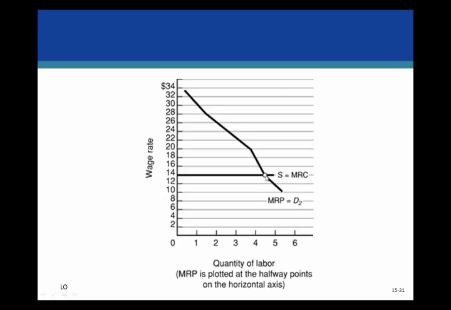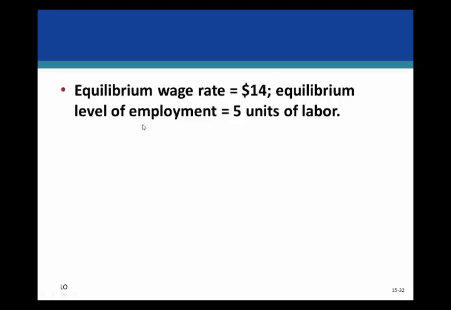So we're looking at that equilibrium, and the MRP is plotted at halfway points on the horizontal axis. So we see it at 14 and almost 5 employees. So our equilibrium wage rate is 14, and the level of employment would be 5 units of labor.